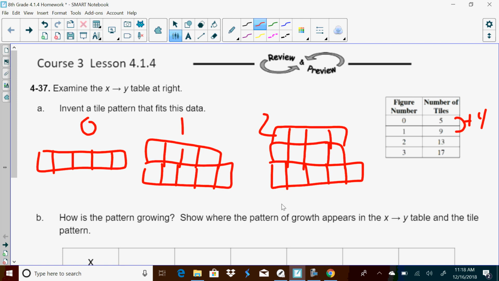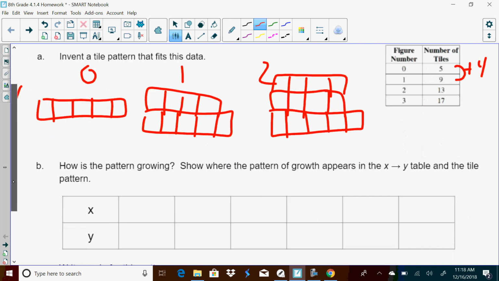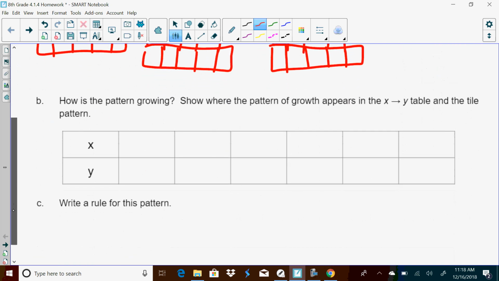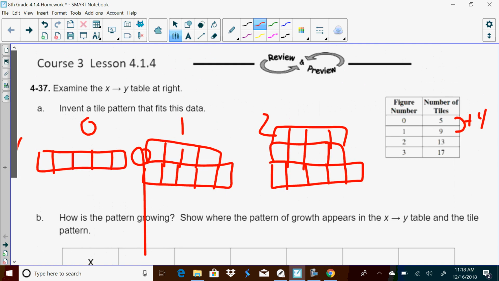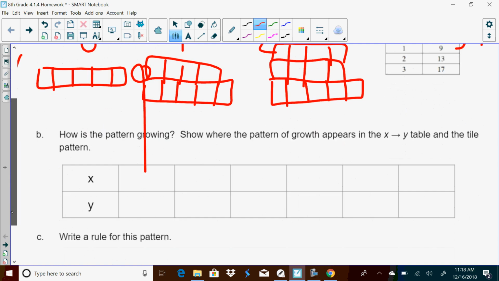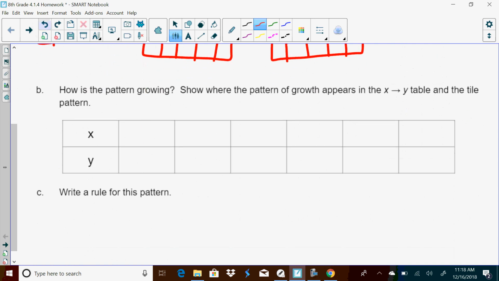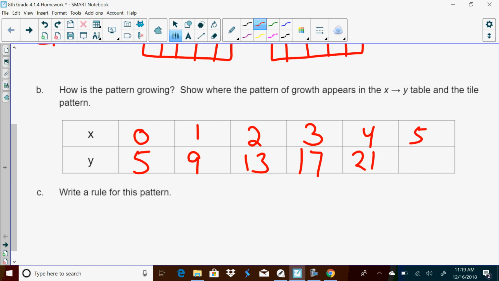Then it said, show where the pattern is growing in the XY table. So if I made a table, 0 was 5, 1 was 9, 2 was 13, 3 was 17, 4 was 21, and then 5 was 25.